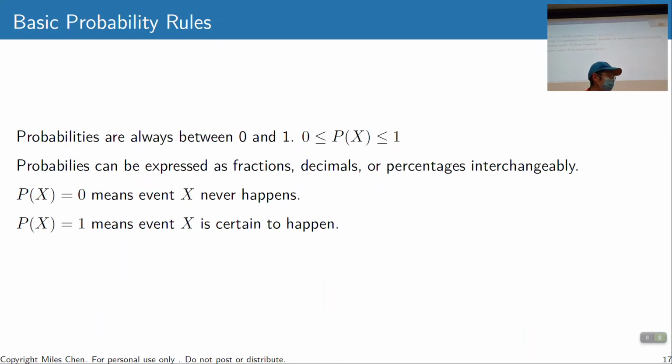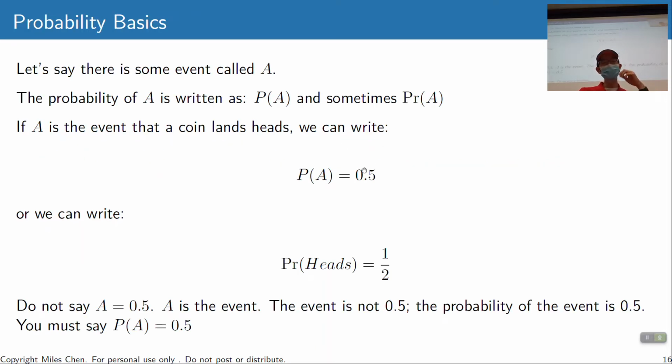Probabilities are always numbers between 0 and 1. That is to say, for any event x, 0 is less than or equal to probability of x, less than or equal to 1. The probabilities can be expressed as fractions or decimals or percentages, and I use these things interchangeably, okay? A lot of times, I might look at this and just say probability of A is 50%.